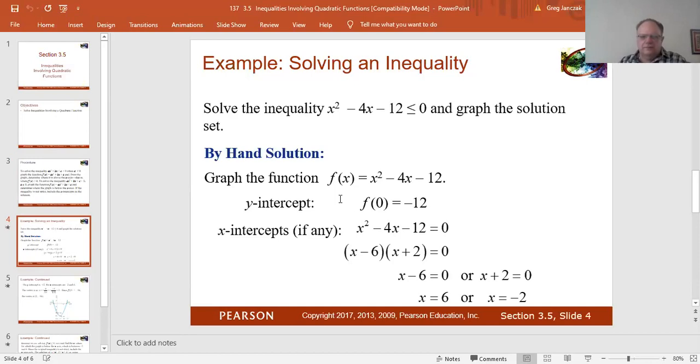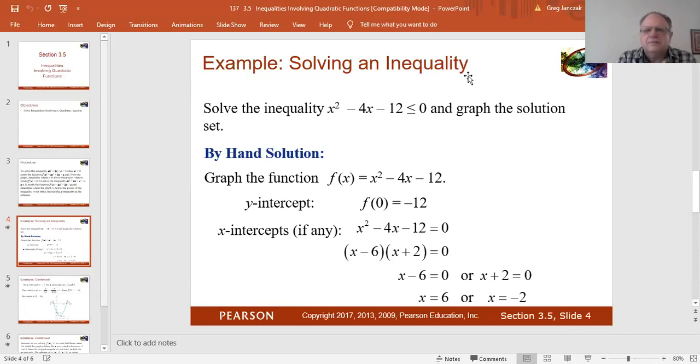Okay, and so here we want to find the x and y intercepts, and then from there we can plug it in, and then also we want to find the vertex and find the solution set.